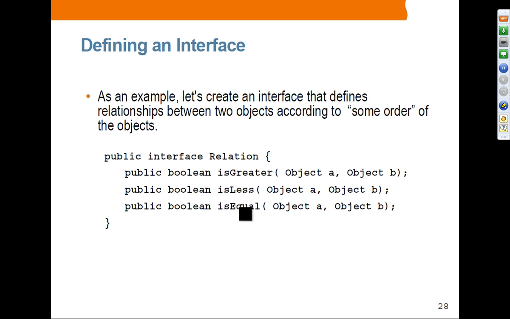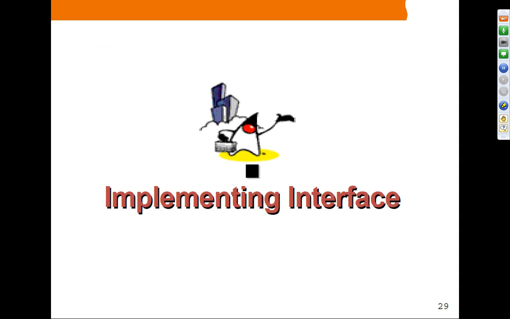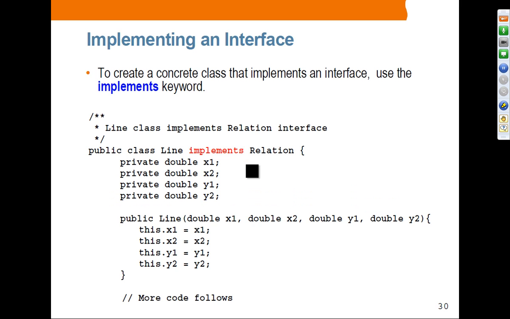Basically, when you want to give this kind of relational behavior to multiple implementation classes, at that point you could define this relation interface, and then you ask these classes to implement it. In terms of implementing an interface, the keyword is this. This line is the concrete class implementing the relation interface.